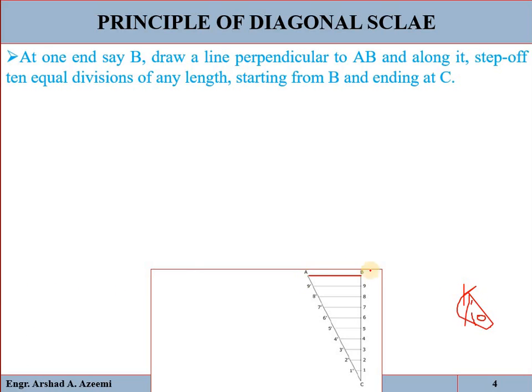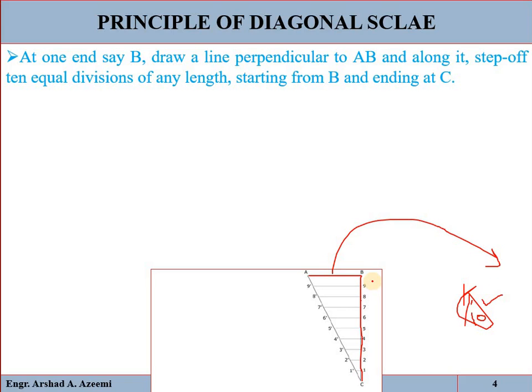For example, if you have line AB and you want to find the 1/10th multiple of this AB line, at end B just draw a perpendicular line. AB is the given line and we are interested in finding the 1/10 multiple of it.